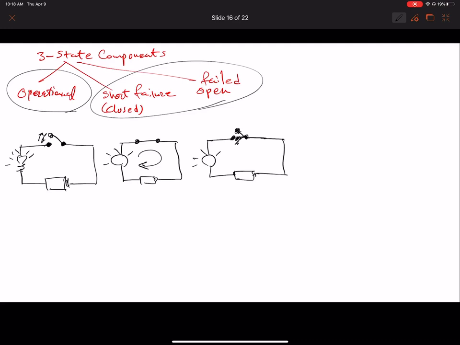But when they are put into a series or parallel configuration or structure, they cause some problems, and it's not as easy to calculate the reliability of the system. So let's see. First, I'm going to talk about series structure.